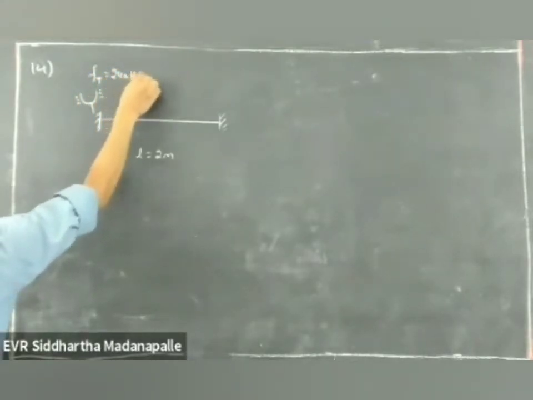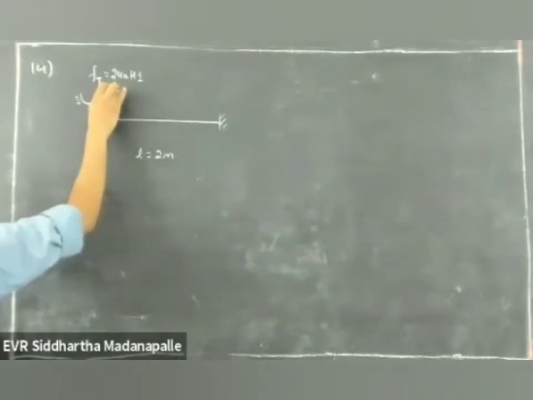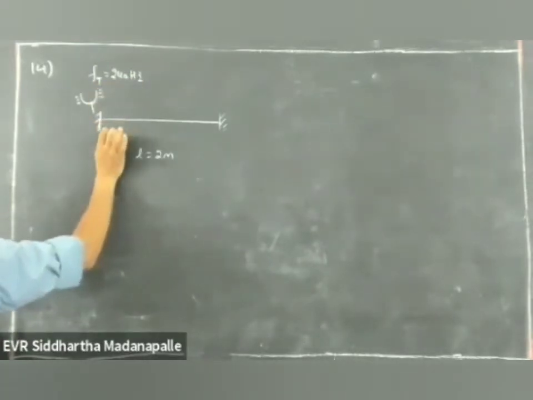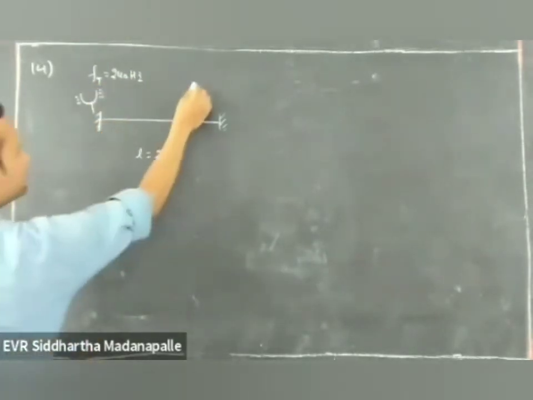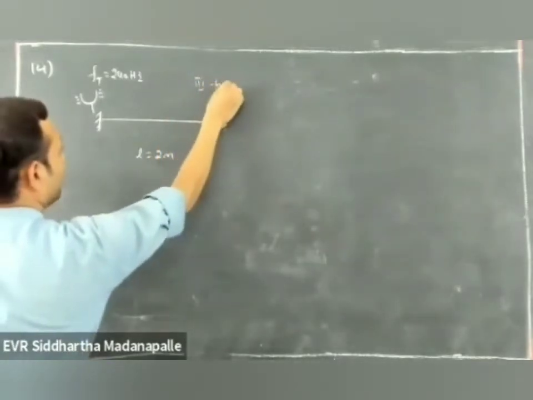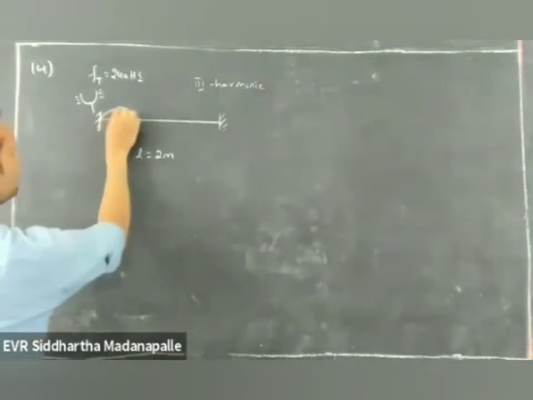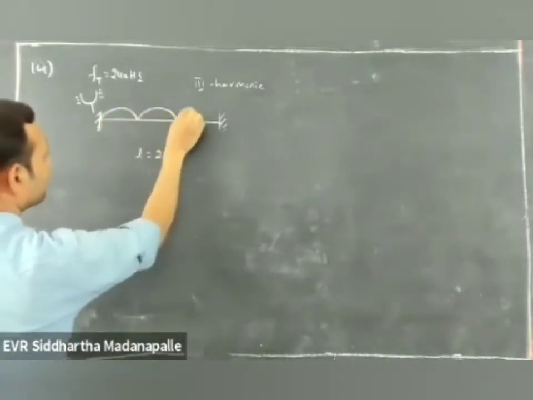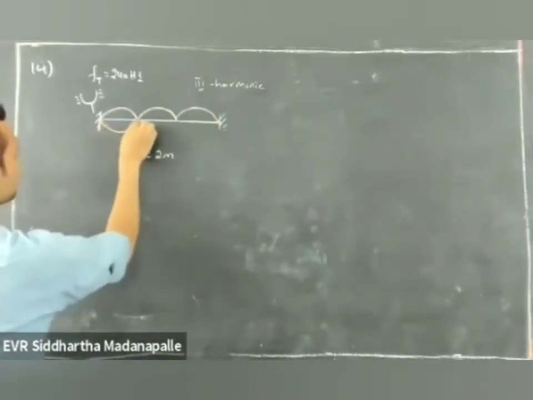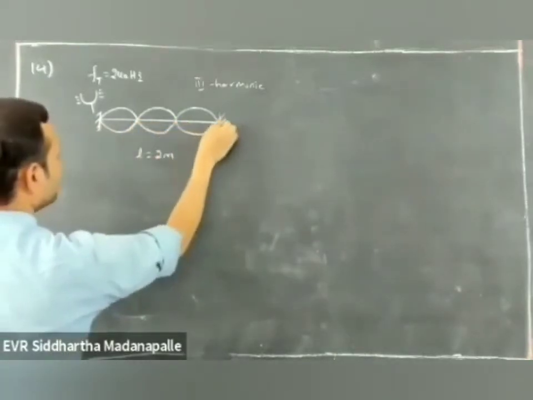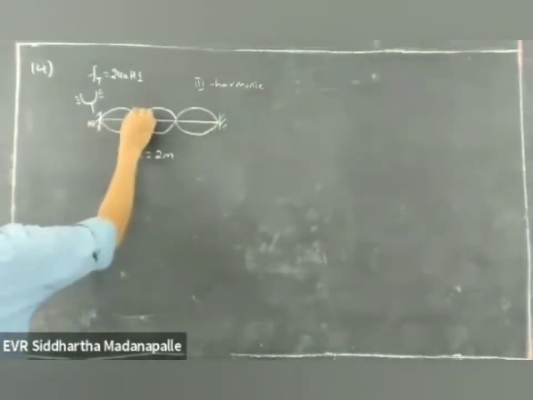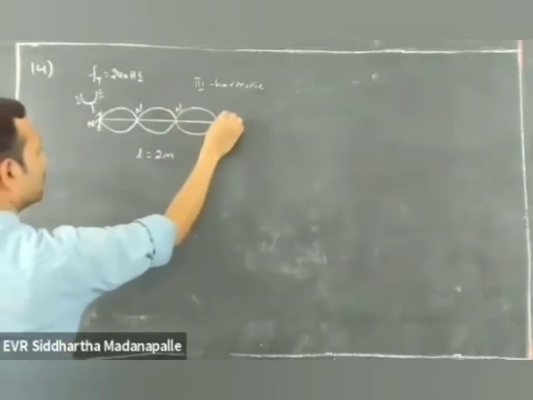Due to this vibrator, the string vibrates in its third harmonic. Third harmonic means how many loops are formed? 3 loops are formed. Note this.